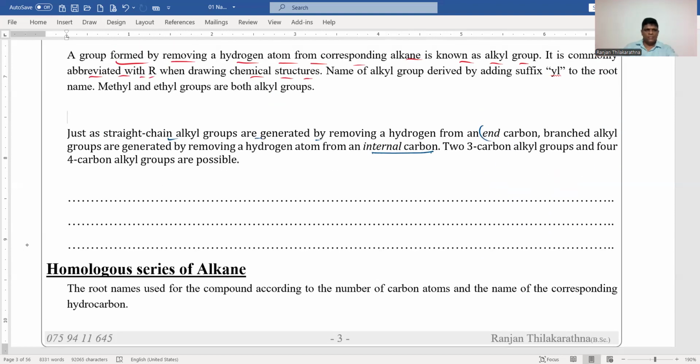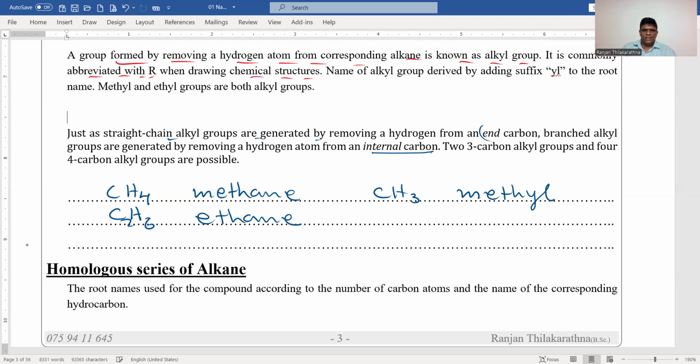Okay. For example, you can write down CH4, methane, CH3, methyl, then C2H6, ethane, C2H5, ethyl, then C3H8, propane, propyl.